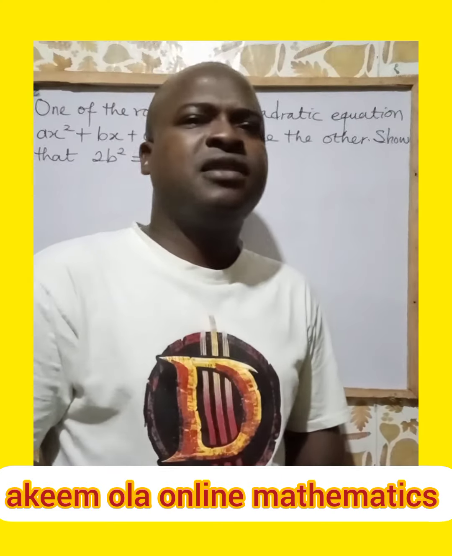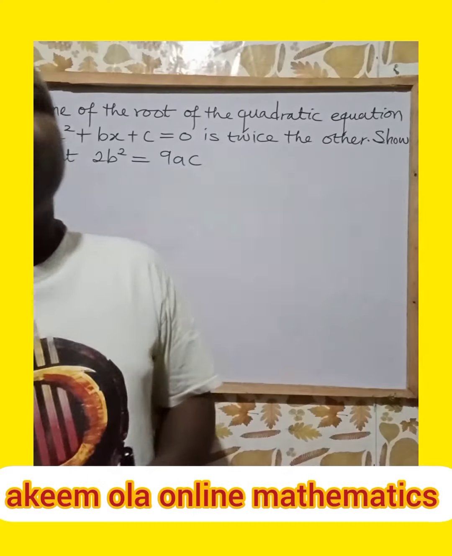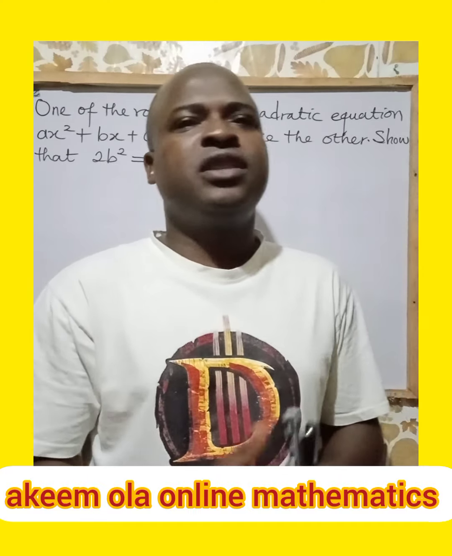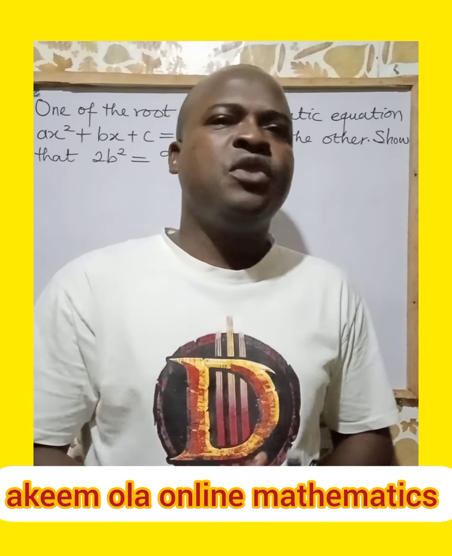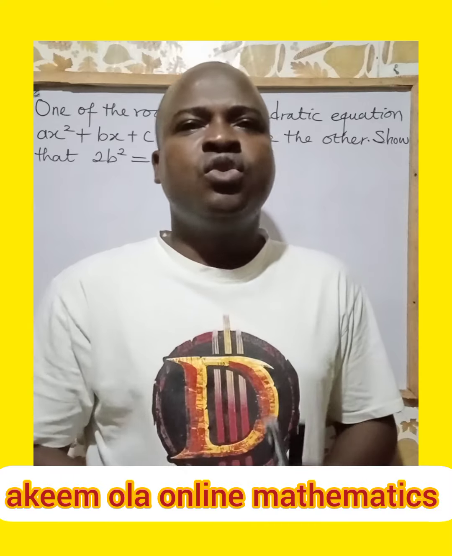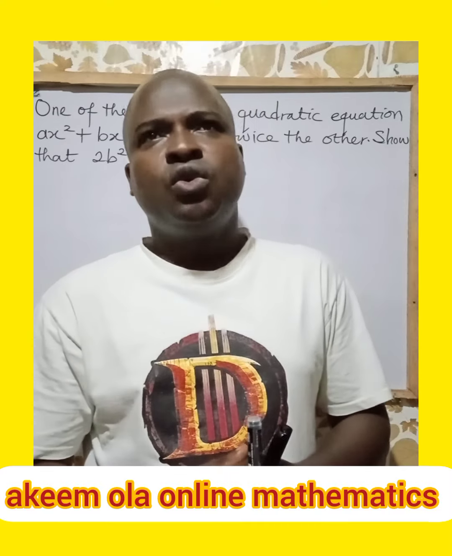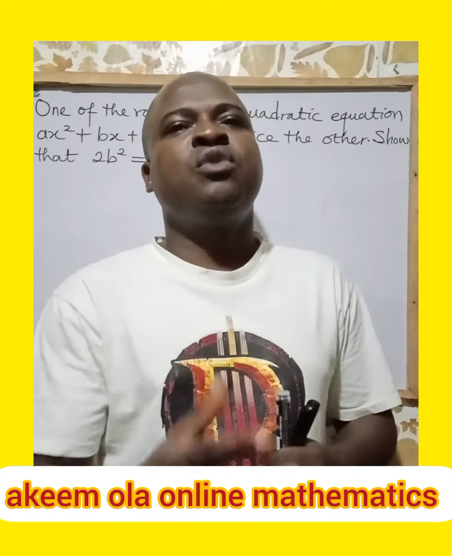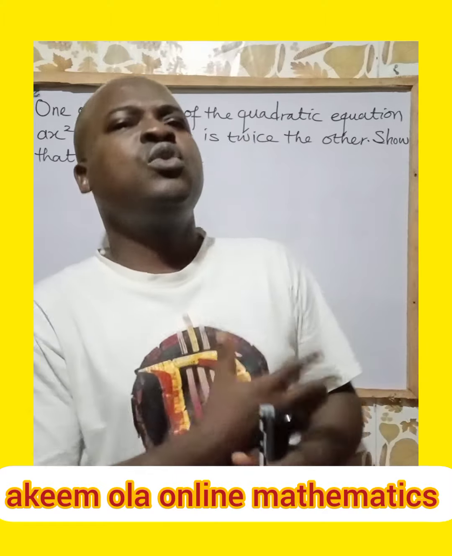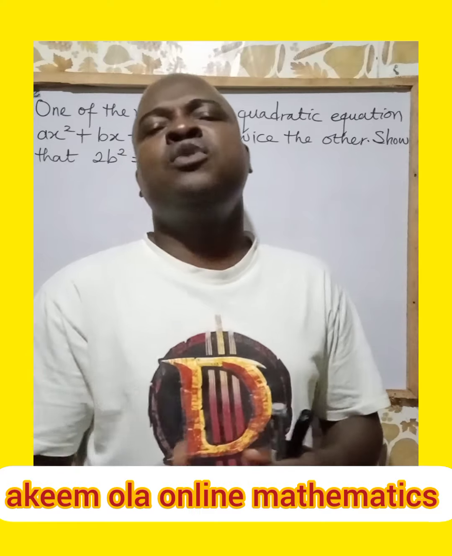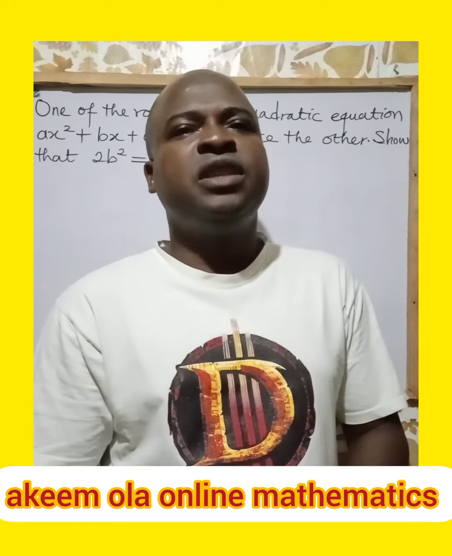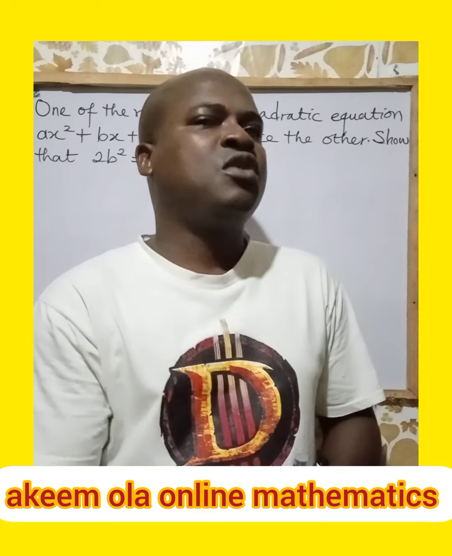If you look at this question, you will observe that we are talking about the roots of a quadratic equation. And whenever you are talking about the roots of a quadratic equation, it is always good to use two letters to represent the roots. But in this question, there's a relationship between the first root and the second root.